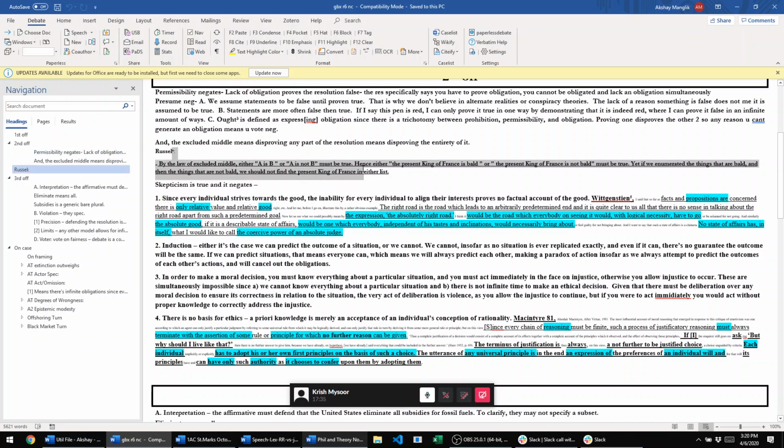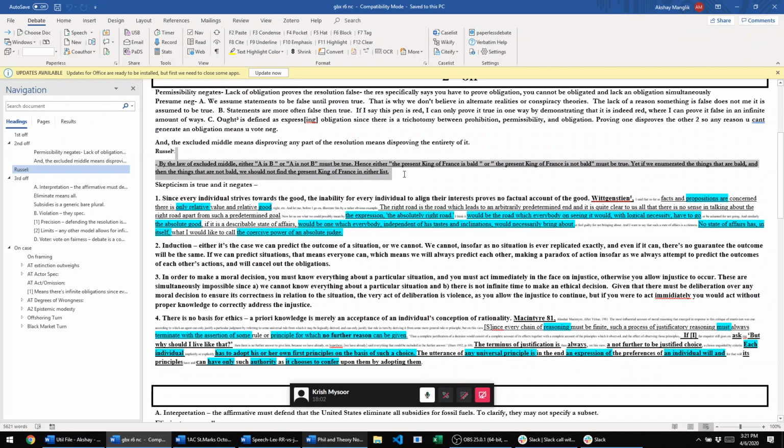This Russell argument is not as common. Again, it's sort of strange logic here, right? The argument as it goes is that there are two possible outcomes, something being true or something not being true.